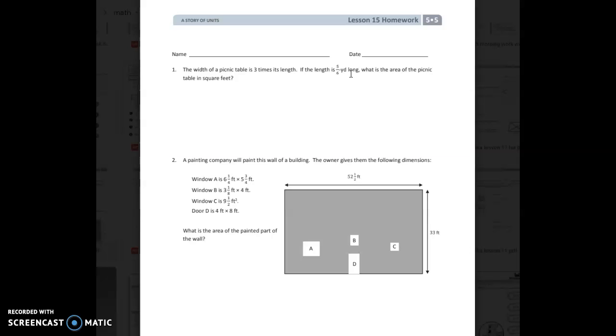And remember, when you're multiplying, if you've got a mixed number, you want to turn that mixed number into an improper fraction so that you can multiply numerator times numerator and denominator times denominator. So let's say the answer for the width is, I'm making this up, 1 1/2. You'd multiply the denominator, which is 2, by the whole number, which is 1. 2 times 1 is 2.